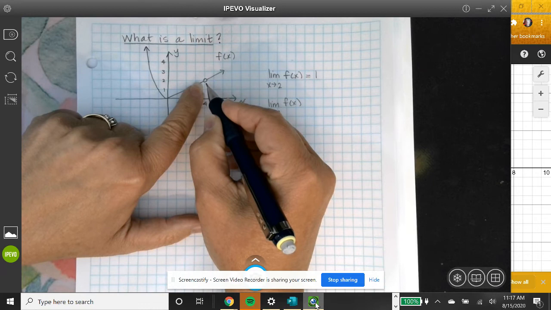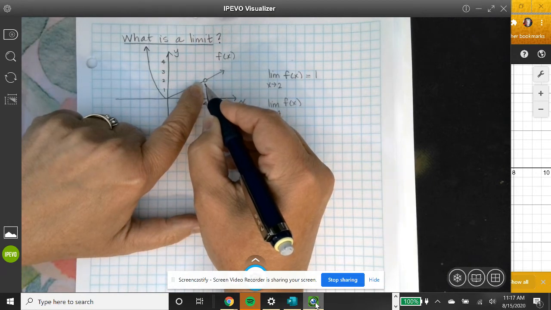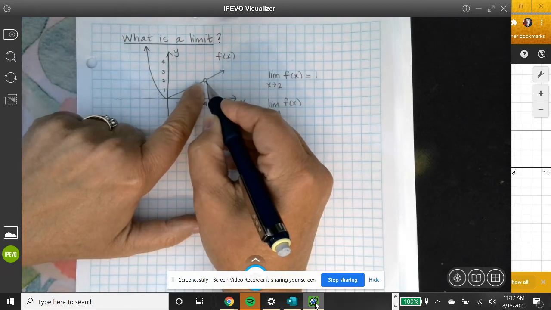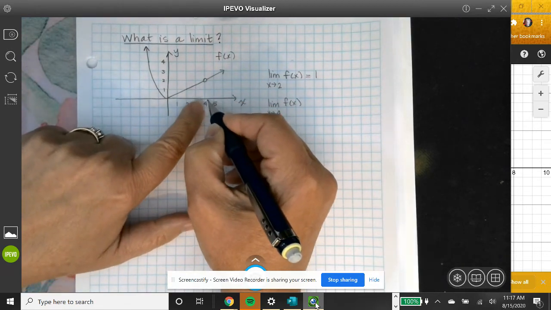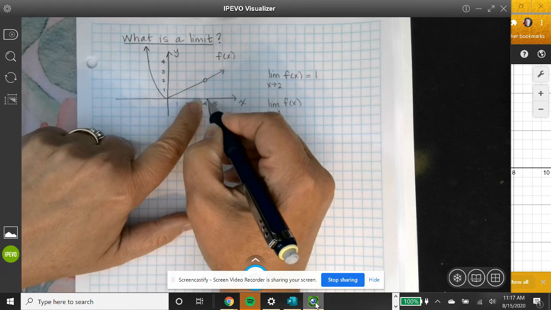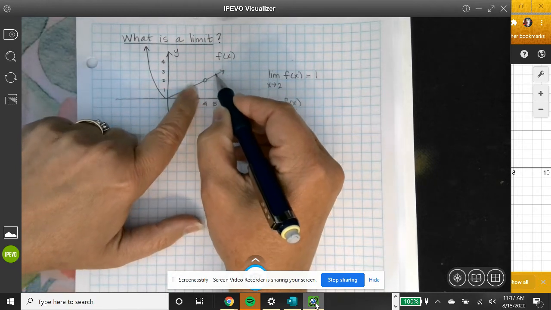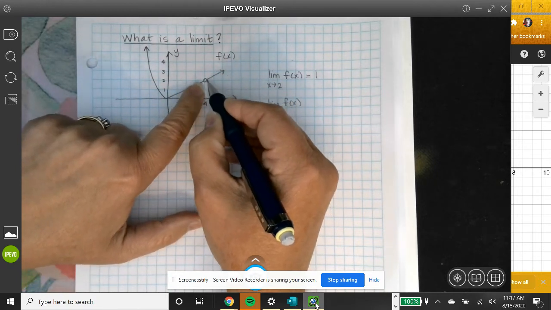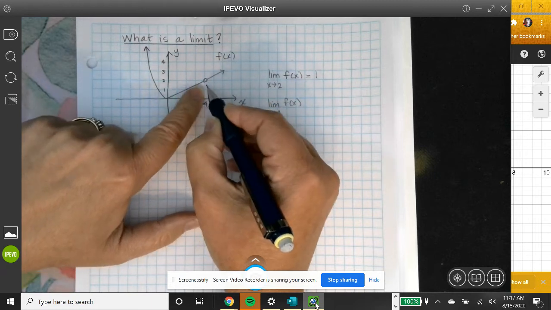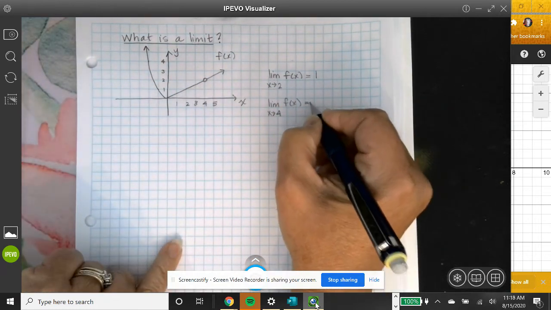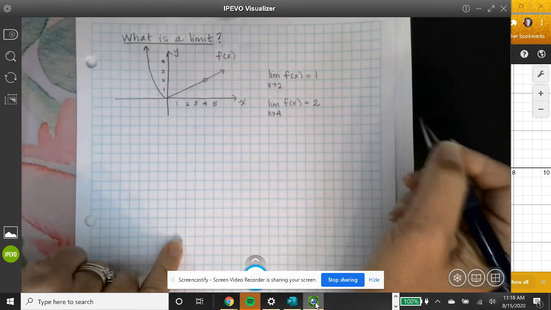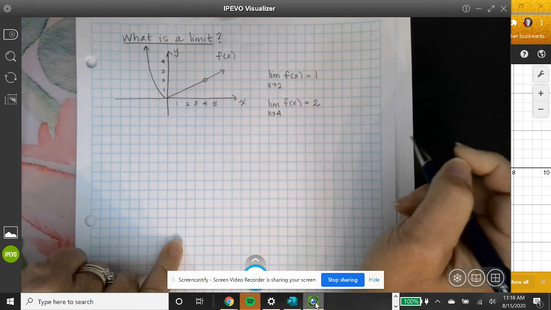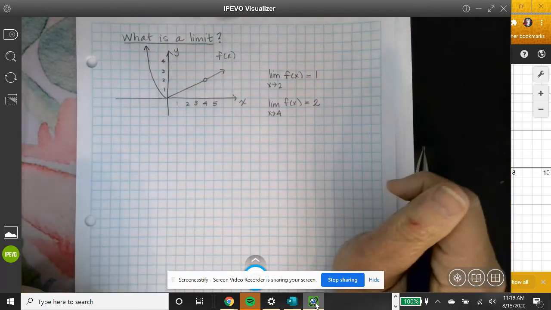The function doesn't exist here, but the limit does, because the limit is the y value that I expect to approach or expect to reach as x gets closer and closer to 4. So as x gets closer and closer to 4, I would expect the y value or the function value to get closer and closer to, in this case, 2.